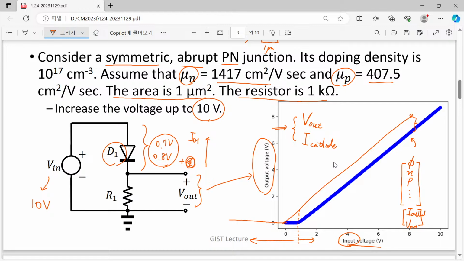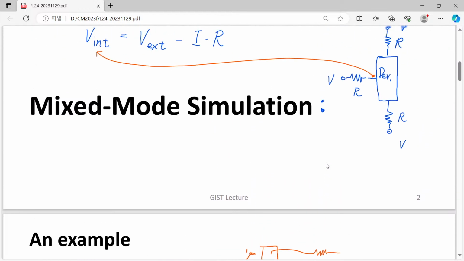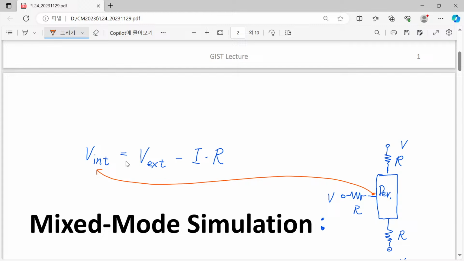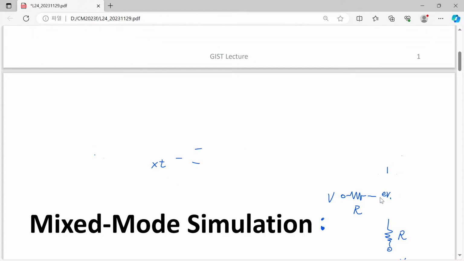Then what will happen? Maybe this is a good place to write down something. Let me consider our matrix.